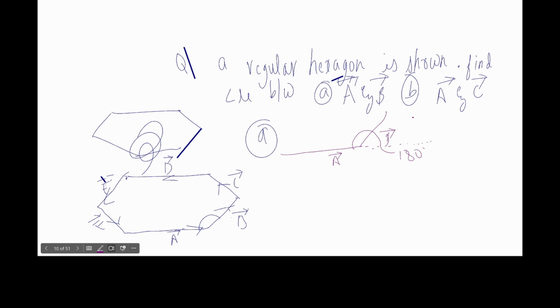We know that the exterior angle of a hexagon is 60 degrees, so I can calculate 180 minus 60, which gives me 120 degrees. Or if we know that an internal angle of a hexagon is 120 degrees, I can directly write the answer as 120 degrees. So moving on to question B, it says the angle between A and C.